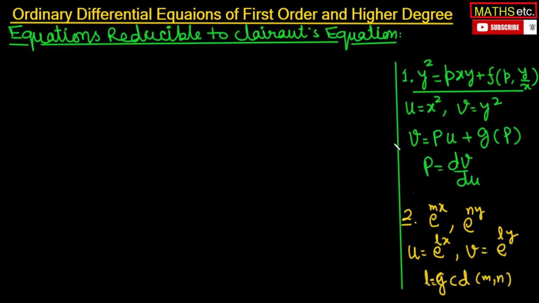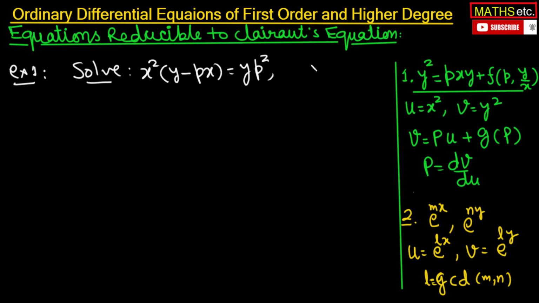Let us take a few examples to understand how to convert or reduce a given higher degree equation to Clairaut's equation. So our example one is, we have to solve this equation: x square multiplied by the factor y minus p x equals y p square, where p is equal to dy over dx.